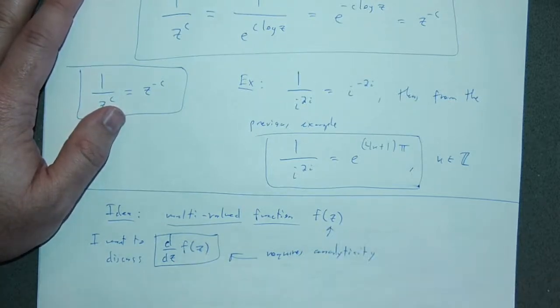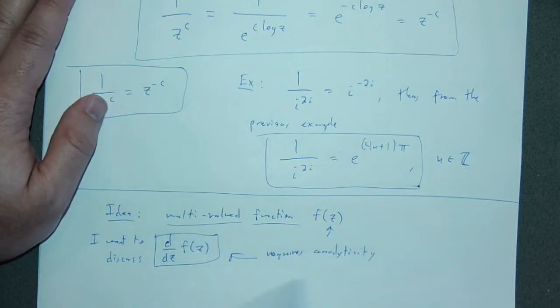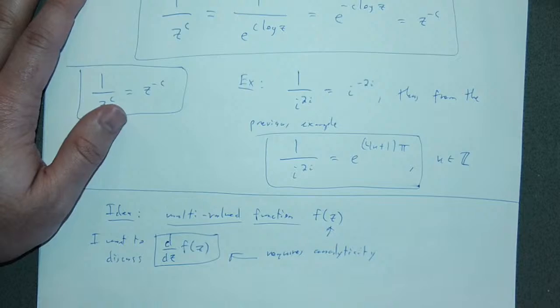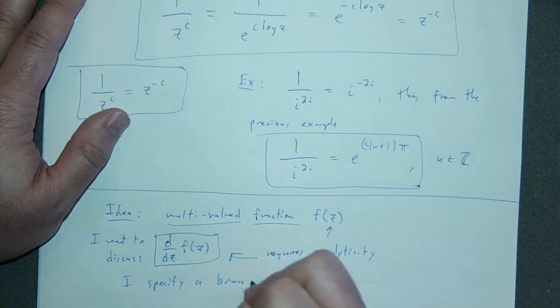Well, how do I make this thing analytic? It's a multi-valued function, so that's not going to be analytic if I don't do something to it. So the idea is I specify a branch of f of z.